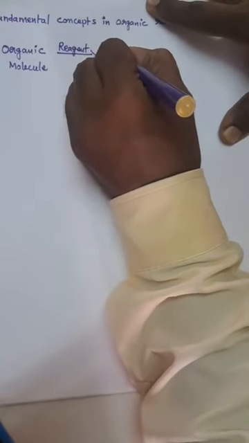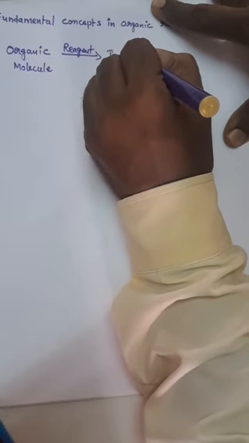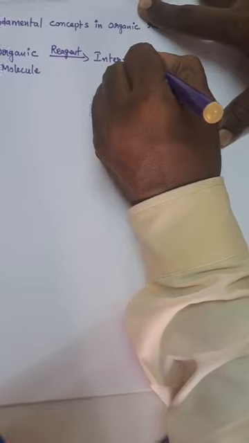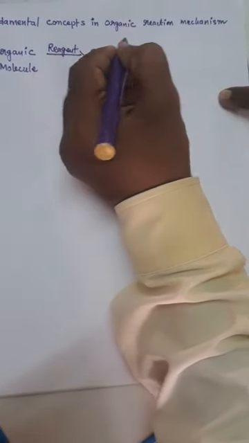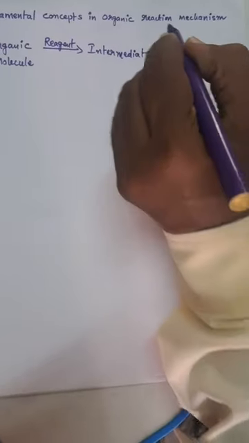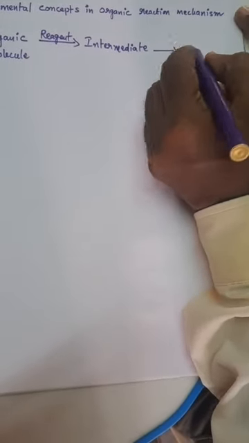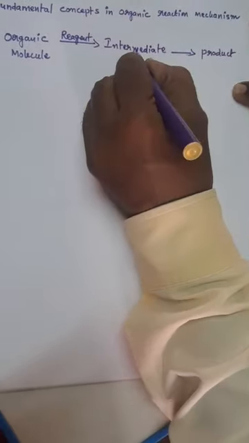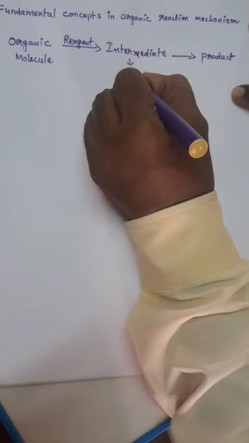This is also called a reactive intermediate. This intermediate further converts into the product. This is also called a byproduct.